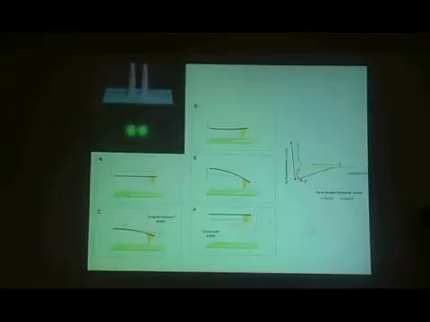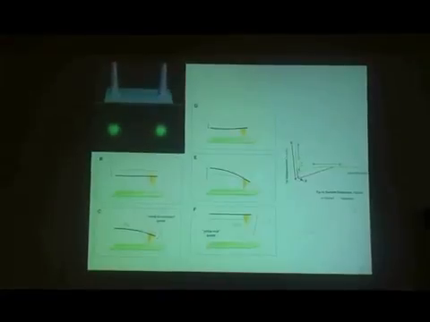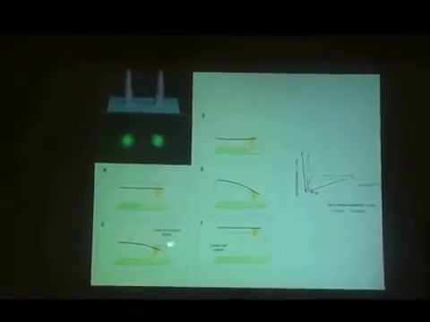For example, if your tip is positively charged and your surface is negatively charged, then they will attract each other and the tip bends downwards. And if you still move, and the forces between the tip and the substrate overcome the forces exerted by the bending of the tip, then the tip will retract. So like that, you can study the interactive force between the tip and the sample surface.